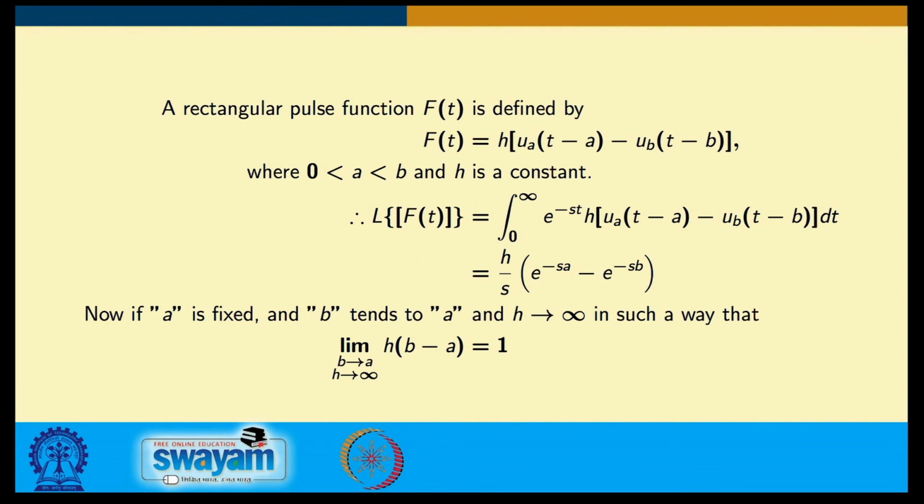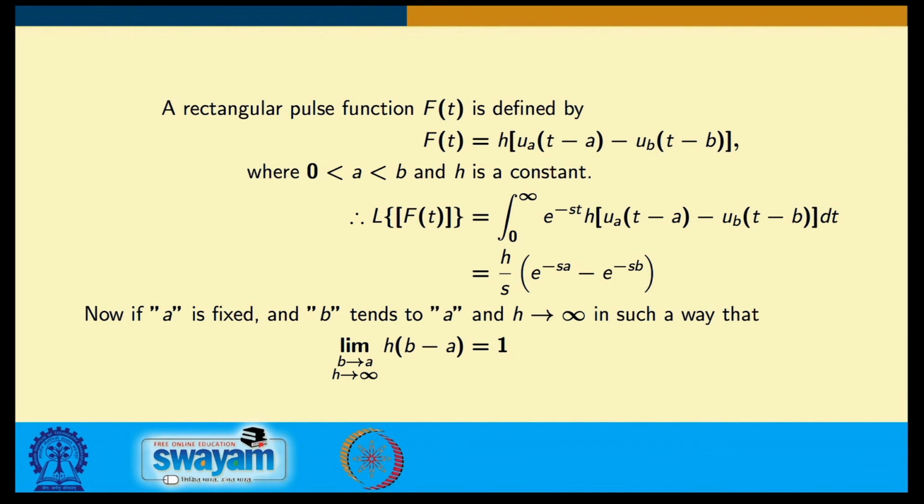The Laplace transform of f(t) you can write directly like this. If I evaluate it, h by s into (e^(-sa) minus e^(-sb)). Also, I can write the impulse function in various ways, and if I use any form I can obtain its Laplace transform.